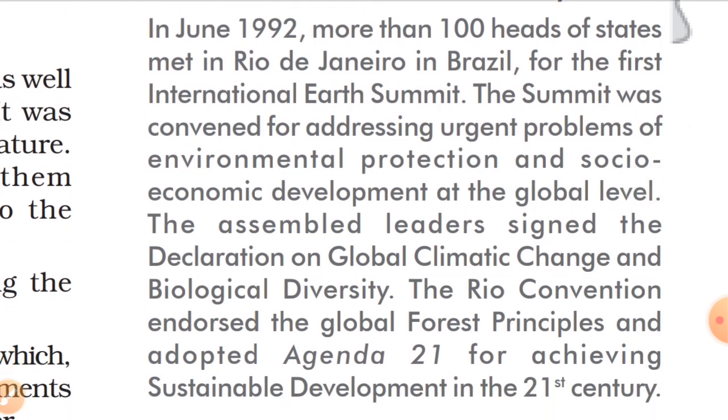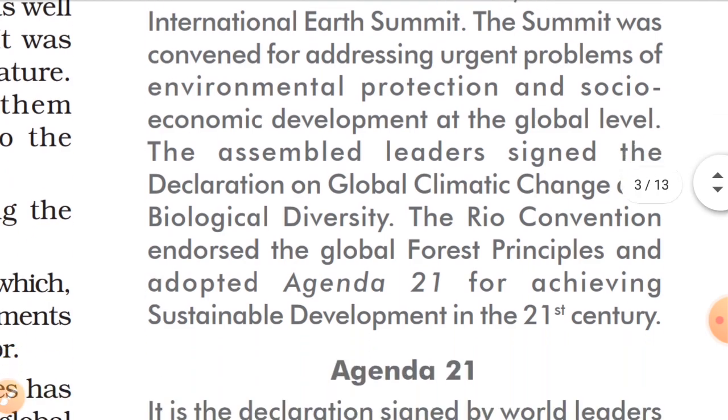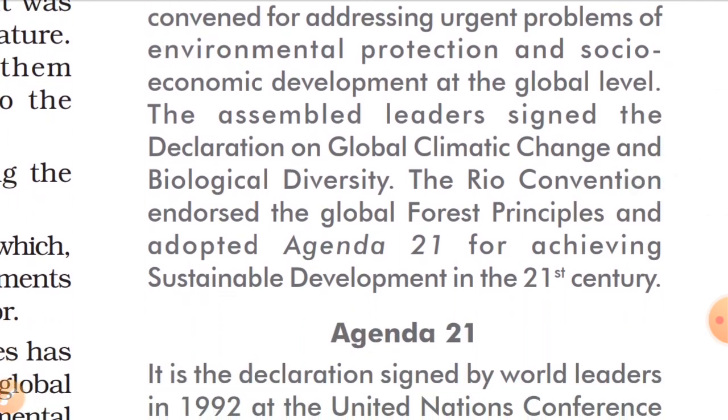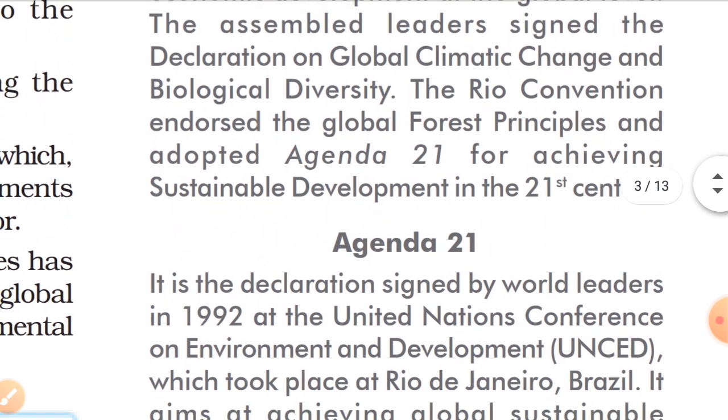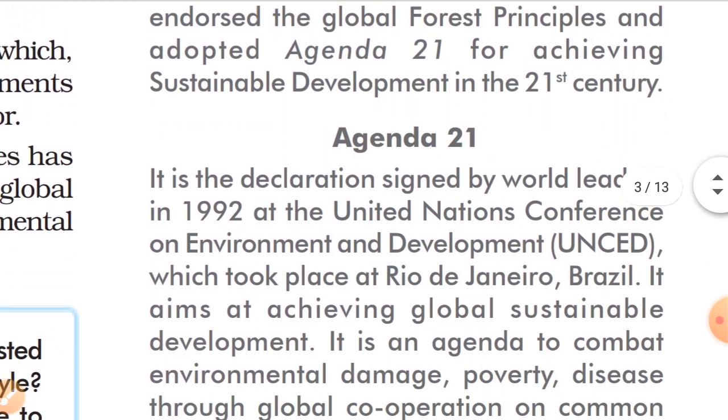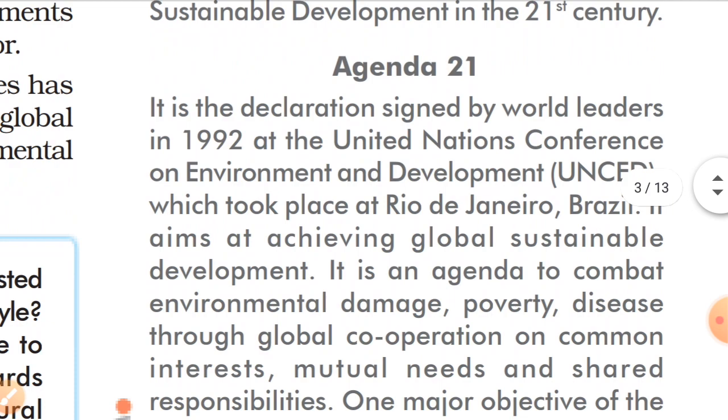The summit was convened for addressing urgent problems of environmental protection and socio-economic development at the global level. The assembled leaders signed the Declaration on Global Climatic Change and Biological Diversity. The Rio Convention endorsed the Global Forest Principles and adopted Agenda 21 for achieving sustainable development in the 21st century.